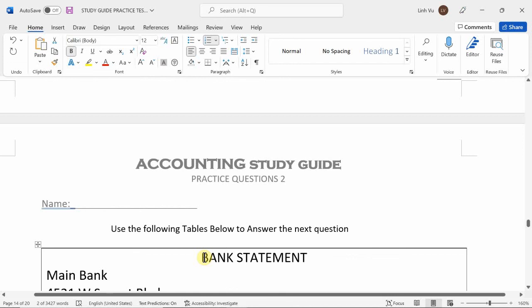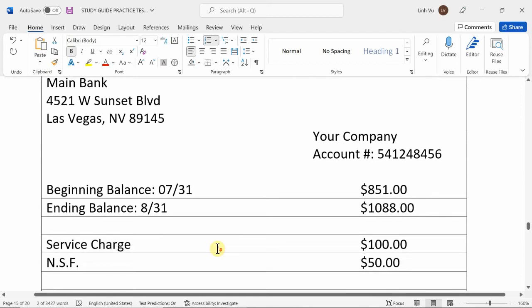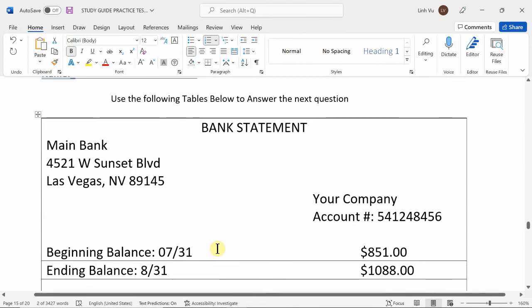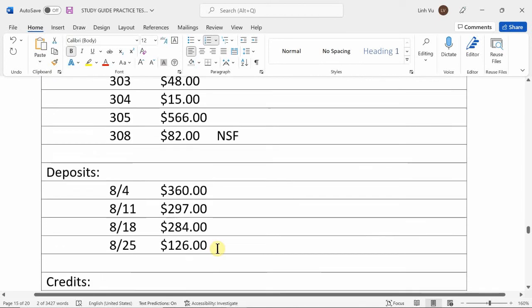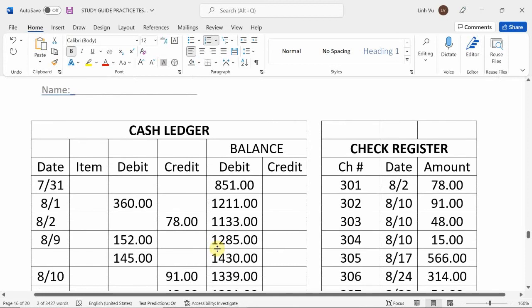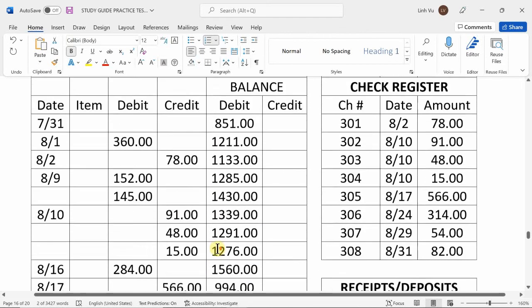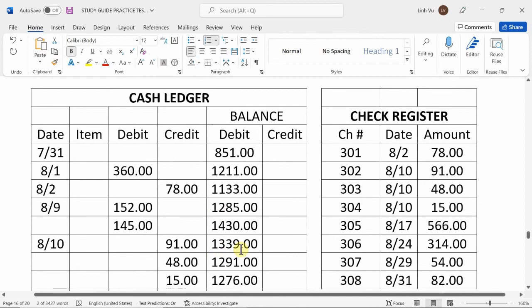So let's take a look here. We're going to be using the following table to answer the next question. So here is a copy of your bank statement, okay? Here is a copy of your cash ledger, or check register, whatever you want to call it, right next to it.